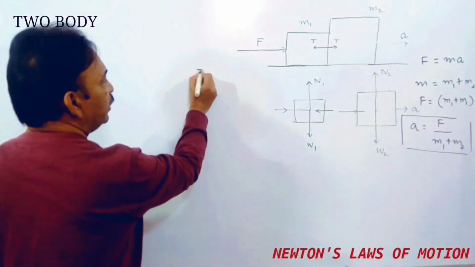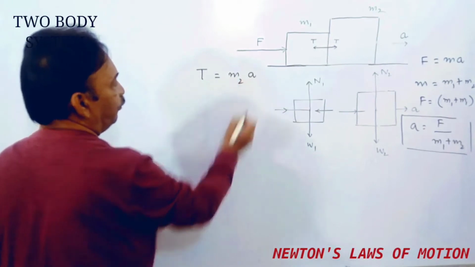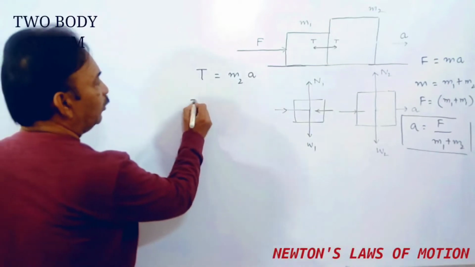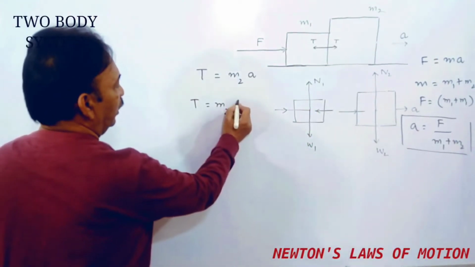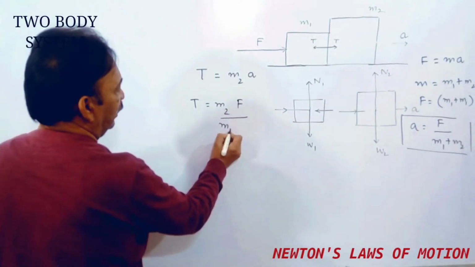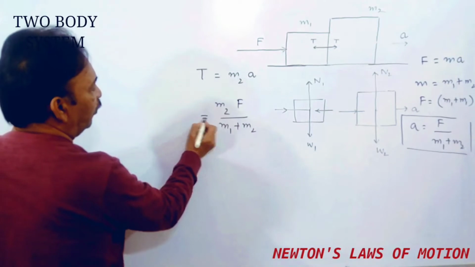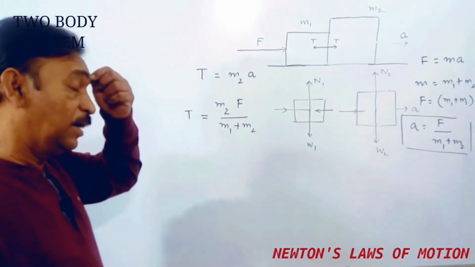I am writing the relation here: T is equal to m2 times A. Now just substitute the value: T is equal to m2 times F by (m1 plus m2). In this way, we can find the tension as well as the acceleration.